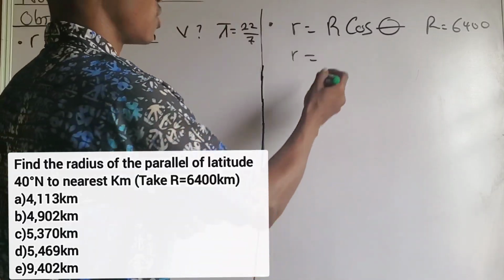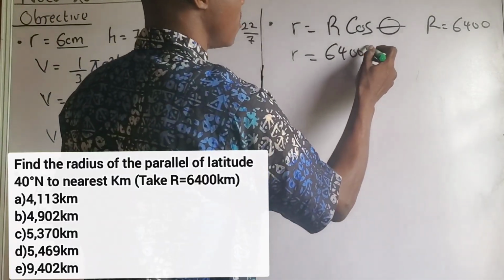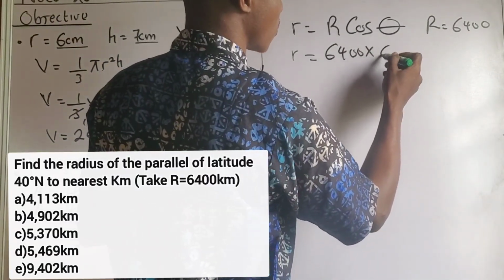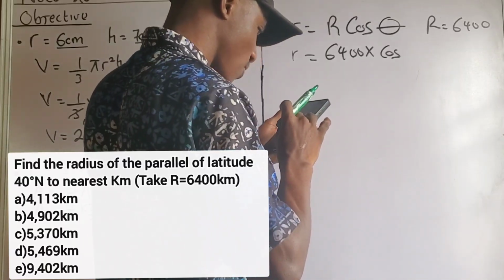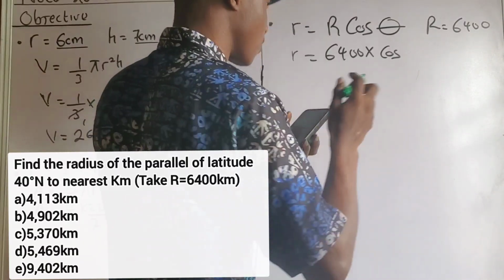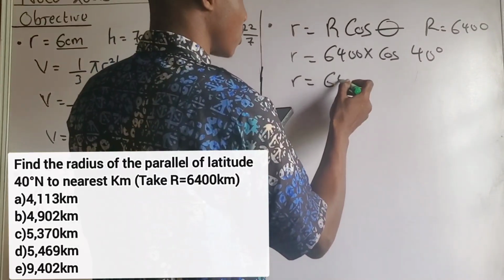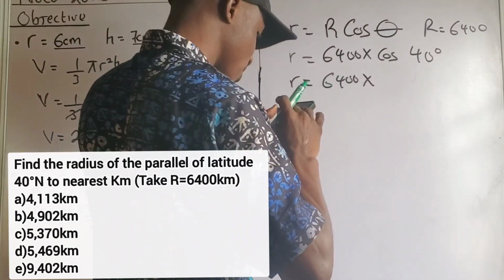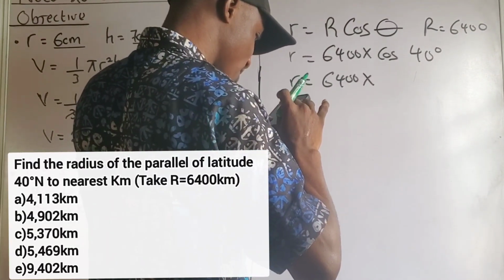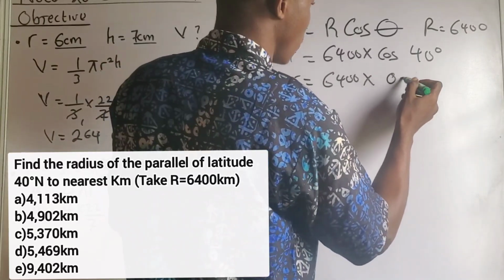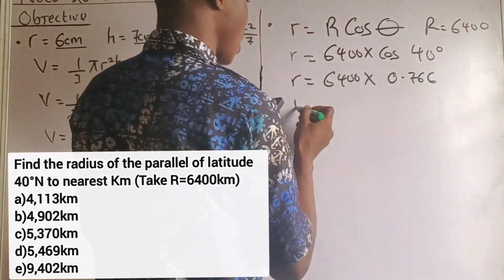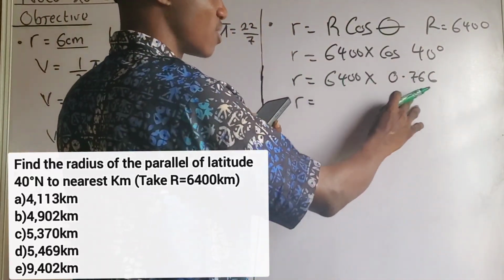So for this now, you're going to have 6,400 multiplied by cos 40°. Yes, cos 40°. So r is equal to 6,400 times cos 40°, which is 0.766. So r is equal to 6,400 times 0.766.